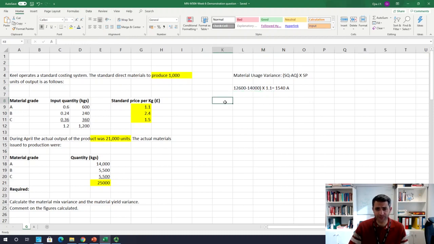For material B, the standard quantity, which is 0.24 times 21,000 units, which is 5,040, minus 5,500, times the standard price per kilo 2.4, that gives you 1,104, and this is adverse.